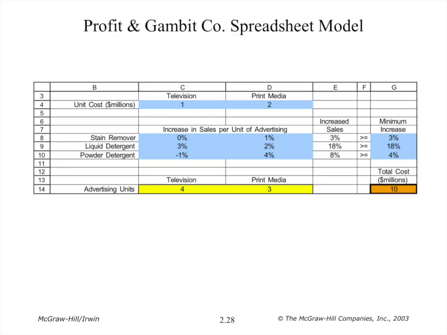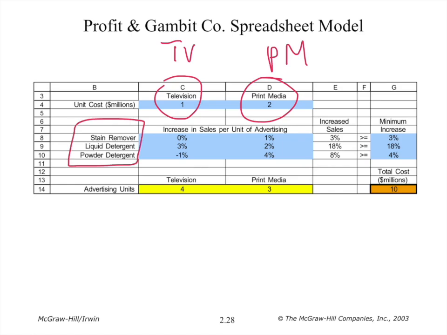We need the information to build the model. The unit cost of television is 1 million, and the unit cost of print media is 2 million. So we have the variables here, television and print media, and we have the three products: stain remover, liquid detergent, and powder detergent.